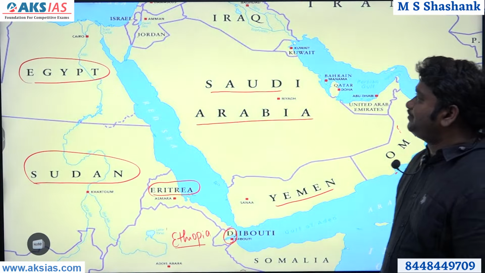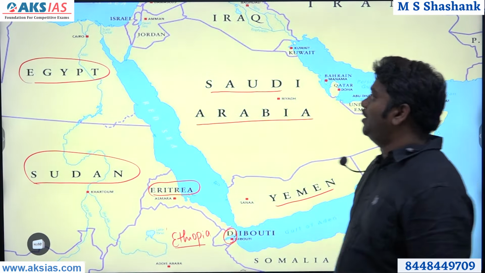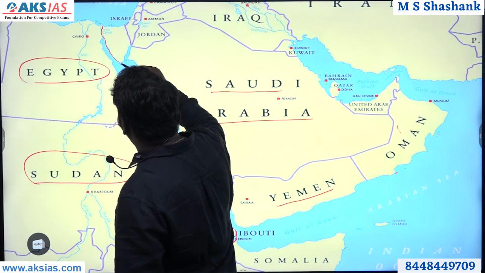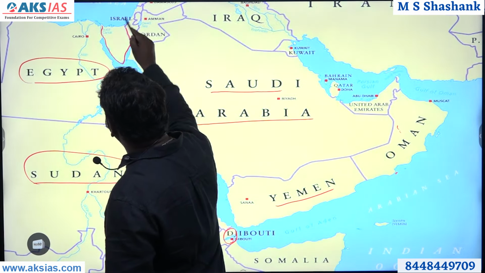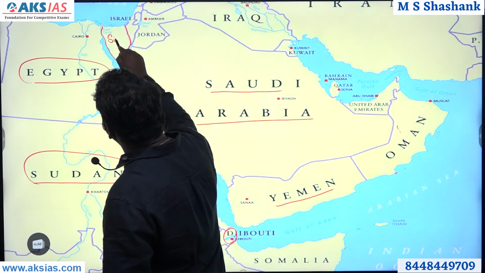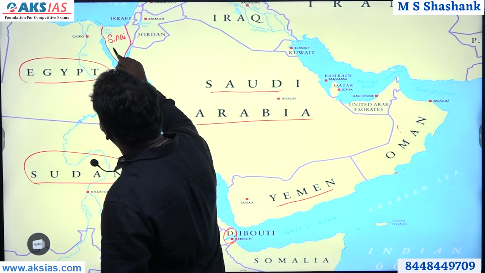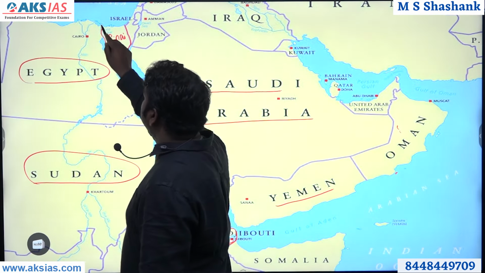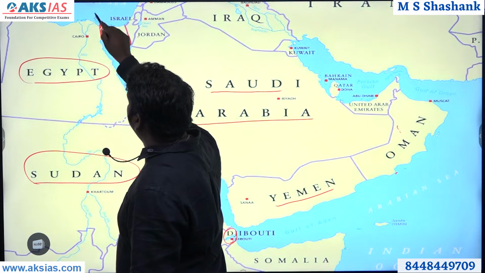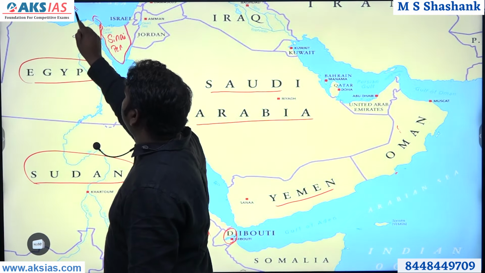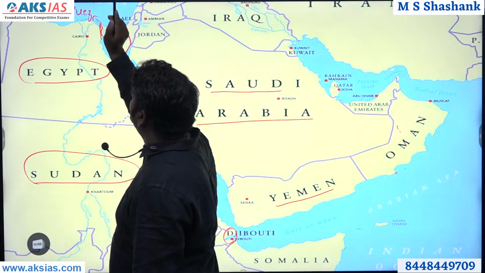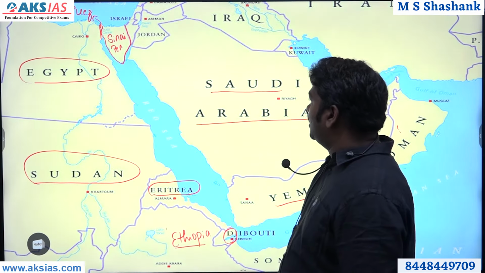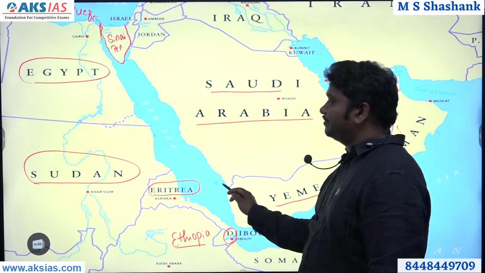Then comes Egypt. Okay. Now, this particular part of Egypt is called the Sinai Peninsula. And this is our Suez Canal. This is our Suez Canal. This is Red Sea.